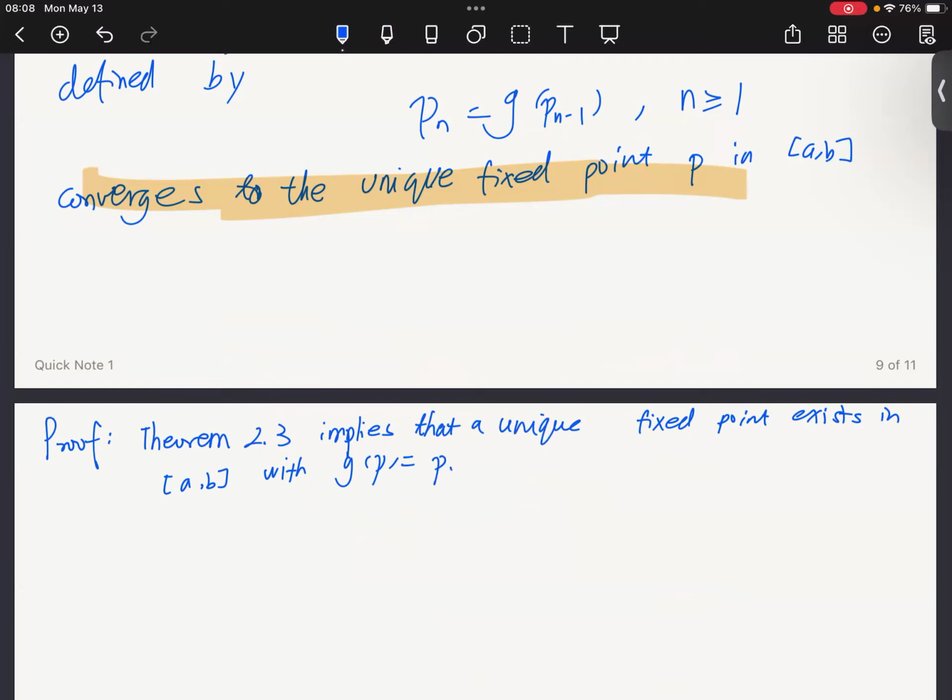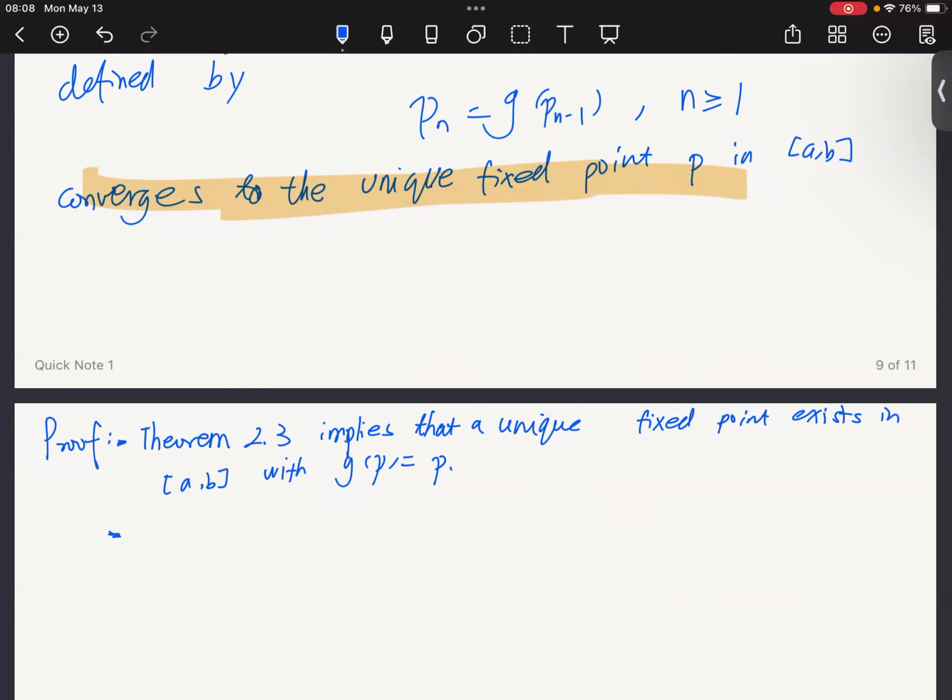This is the uniqueness and existence of the fixed point from the assumptions about the G function. The next thing we need to make sure of is that the sequence Pn is well defined.